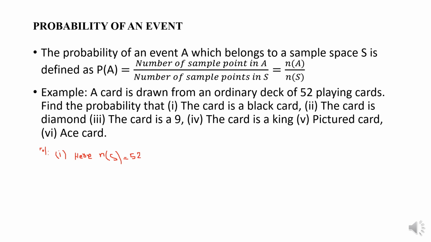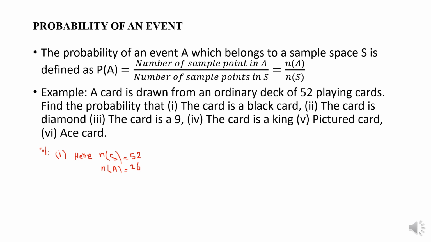So the number of S cards is 52 and the number of A cards is 26.